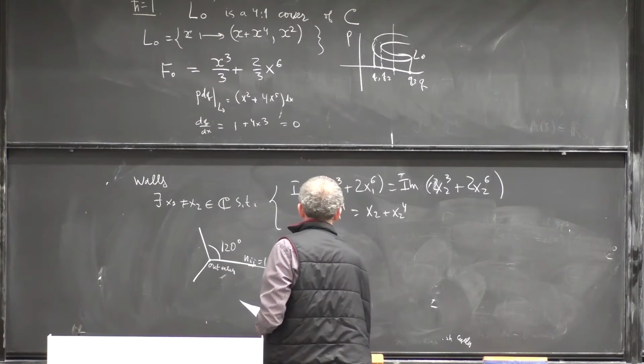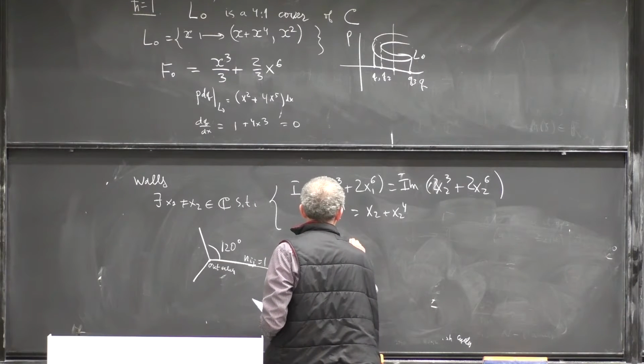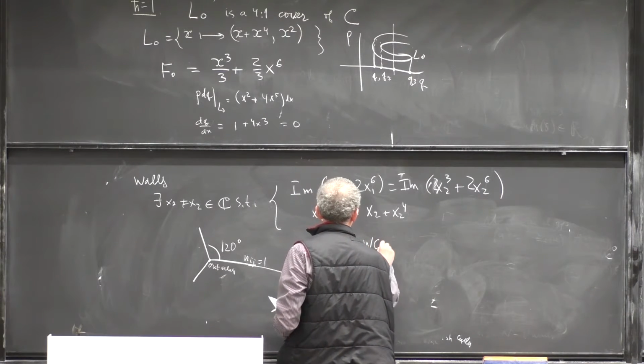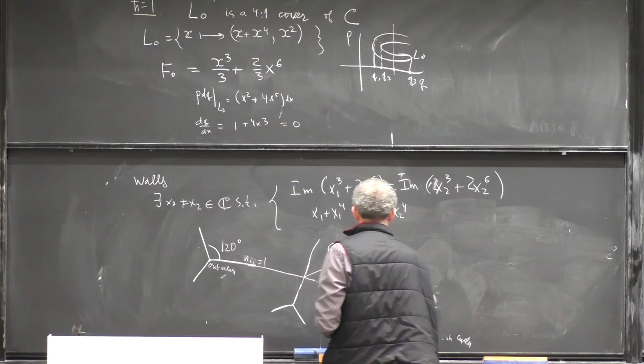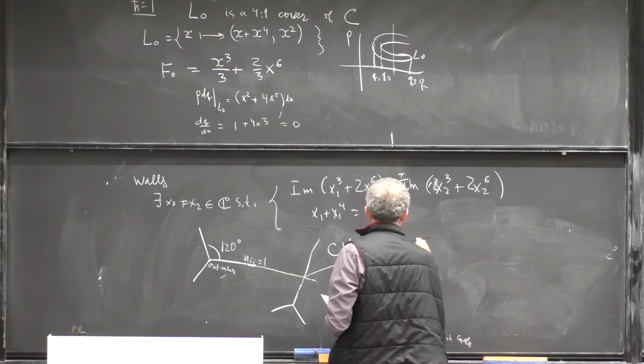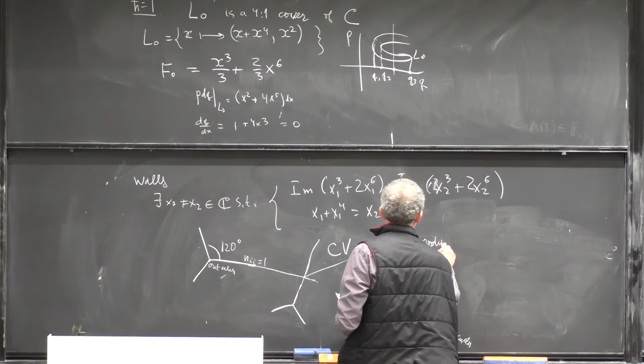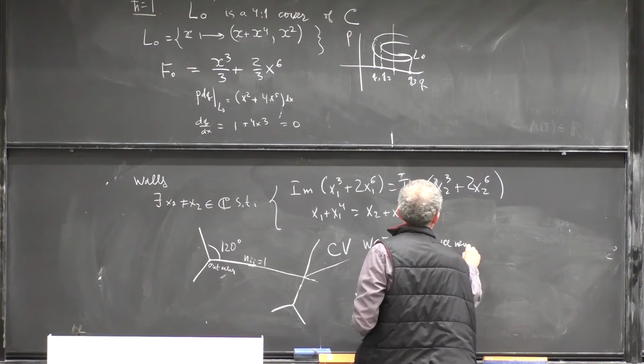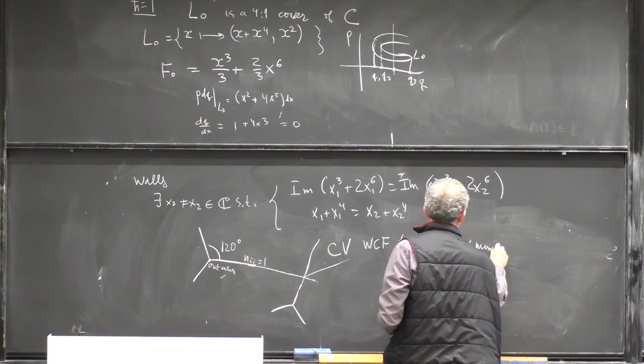So we use these Cecotti-Vafa wall crossing formulas to produce new numbers.